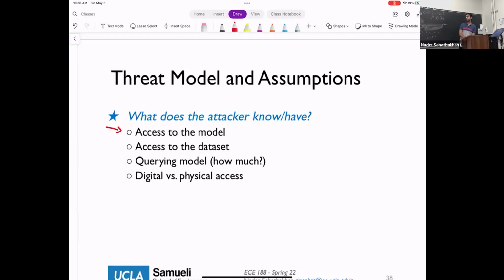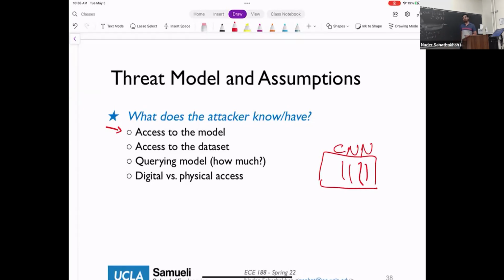You don't necessarily know exactly what the internals of that system are, for example, whether it is a CNN, how many layers it has, what the size of each layer is, and so on. So finding the structure of the network is sometimes important knowledge that the attacker needs, and sometimes may not need.